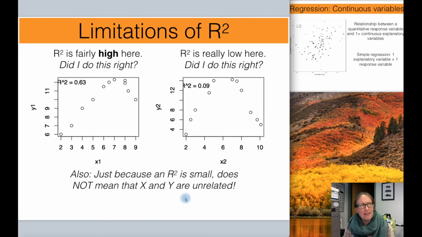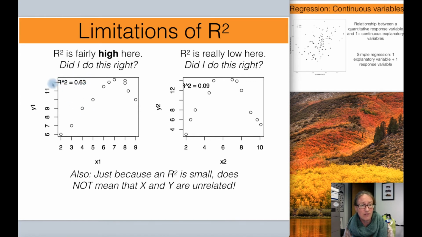So I think people are often tempted to read a lot into an R-squared value, but there are some really important limitations to the R-squared value that you should keep in mind when you're evaluating it for a given plot. So here I'm drawing out two different types of plots, and these plots are really interesting in that the plot on the left has a fairly high R-squared value, close to the value for the lions I showed you a moment ago, right?